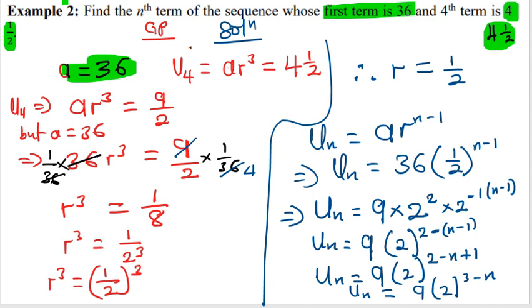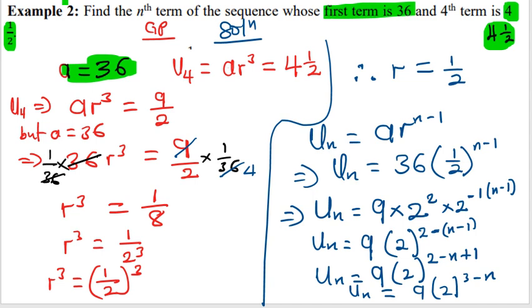So the fourth term, ar to the power 4 minus 1, which is 3, should be equal to 4 1/2. We know that 4 1/2 is the same as 9/2. So ar^3 should be equal to 9/2.